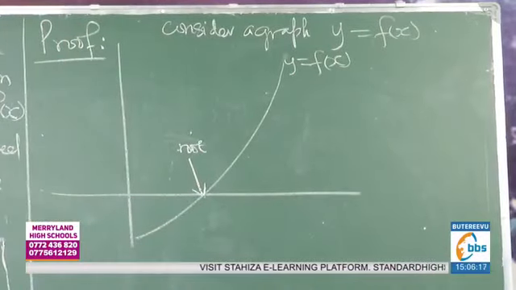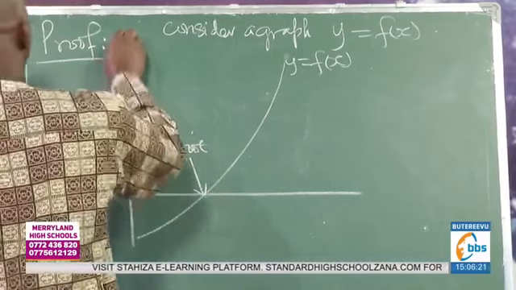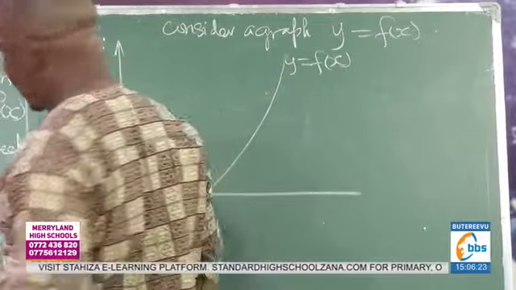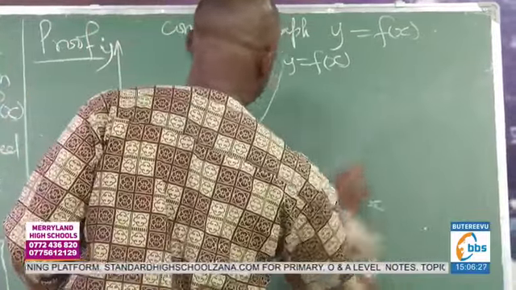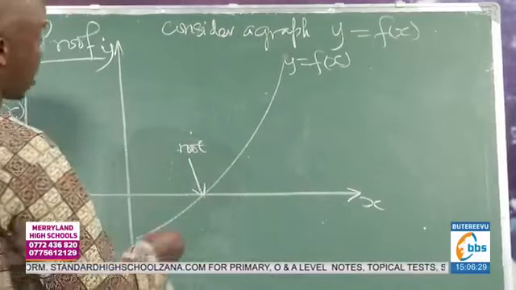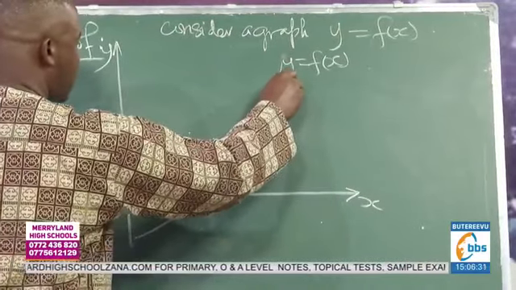Now, this graph is a graph of y to x because the function varies as x changes. We shall consider a tangent at a point here.